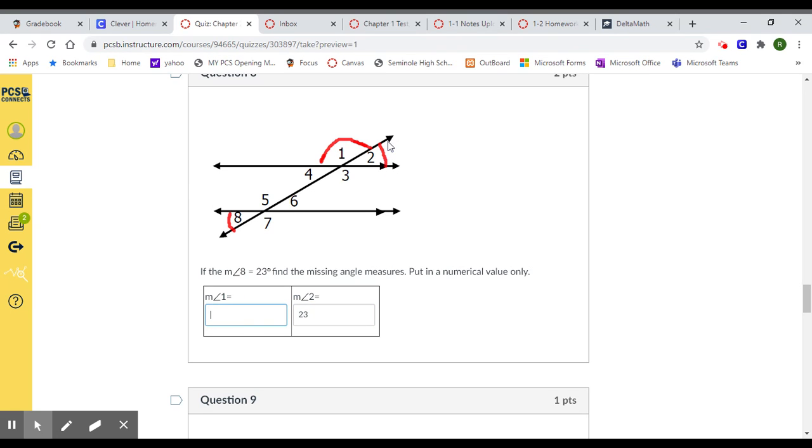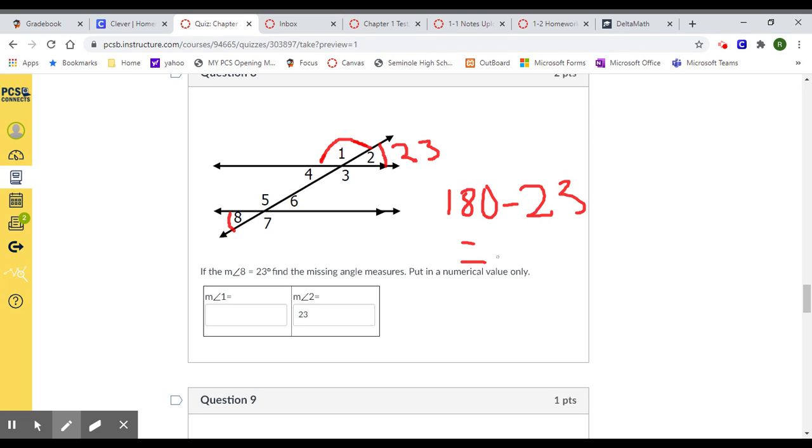Since I know that angle 2 is 23 degrees, I can figure out angle 1. I'm going to do 180 minus 23, excuse my handwriting, and that's going to give me what angle 1 is.